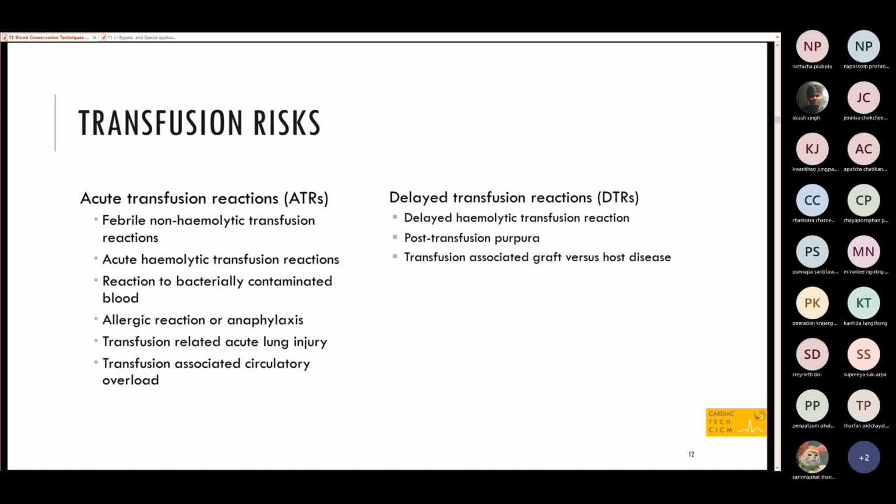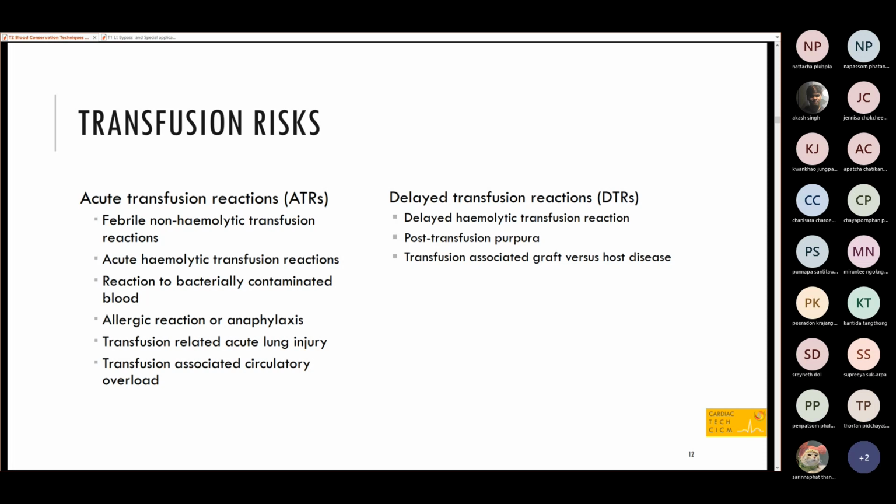However, transfusion carries risk to the patients. There are two types of transfusion reactions that the recipient may have. It may be acute, immediately after you give the blood to the patient.